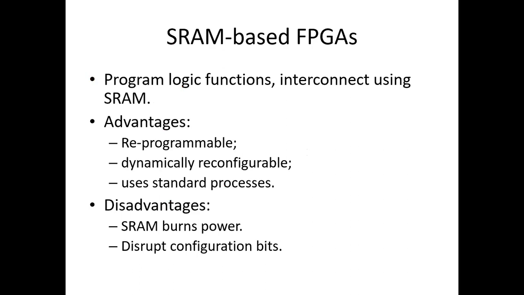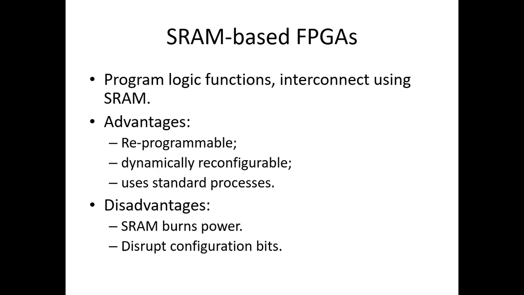Now we are moving to the SRAM based FPGA, which programs logic function and interconnect using SRAM. What about the advantage? Why do we prefer SRAM based FPGA? It is reprogrammable, dynamically reconfigurable, and uses a standard process. And what about the disadvantage?